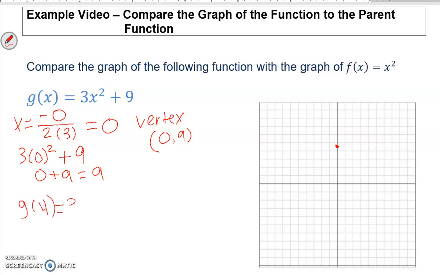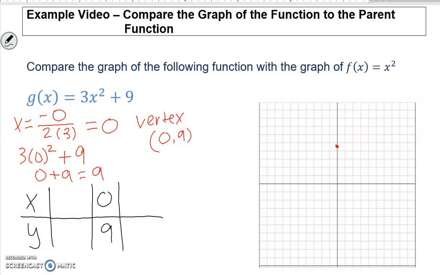Or actually, I'm going to make a table of values instead. X, Y, so I had 0, 9. So now I'm going to choose 2 others on each side. So I'm going to choose maybe 4 and 6, or negative 4 and negative 6, and positive 4 and positive 6.